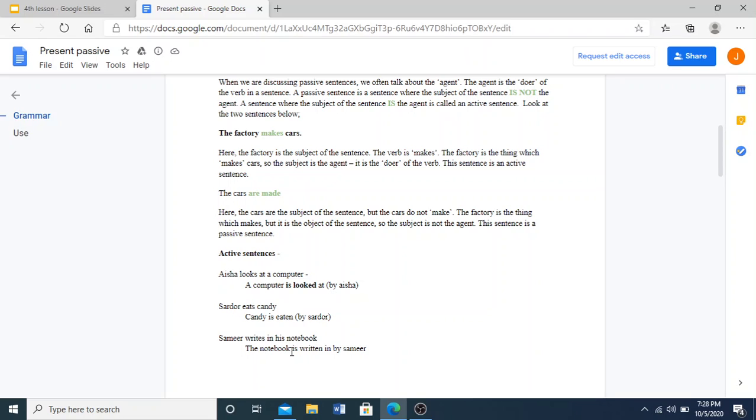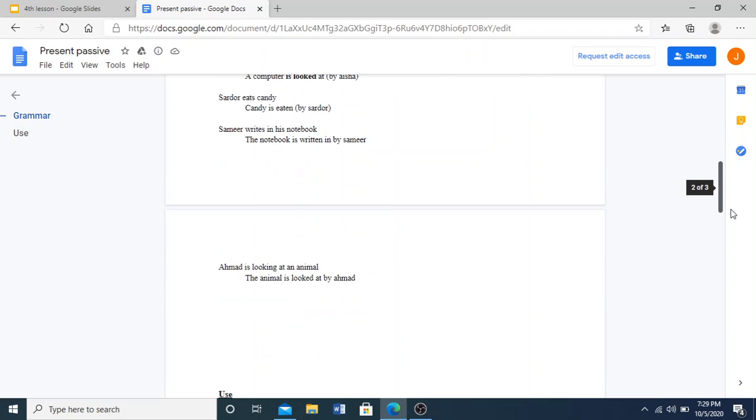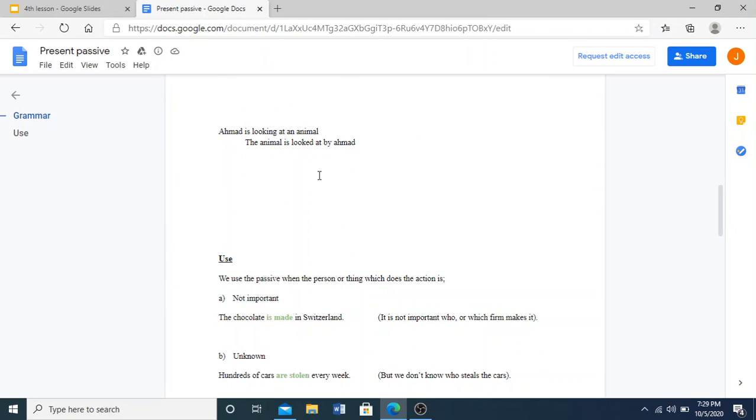Samir writes in his notebook. The notebook is written in by Samir. Ahmed is looking at an animal. The animal is looked at by Ahmed.